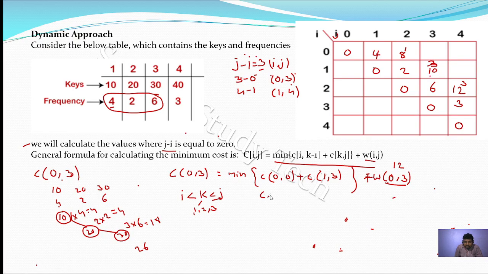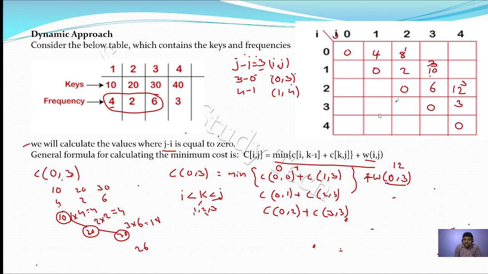Like that, for example in this case k value is 2: C of 0 comma 2 minus 1, that is 1, plus C of 2 comma 3. Next I consider k value as 3: now it is C of 0 comma 2 plus C of 3 comma 3, that is C of i comma k minus 1 plus C of k comma j. So you can see C of 0 comma 0 value is 0, plus C of 1 comma 3, what is the value?